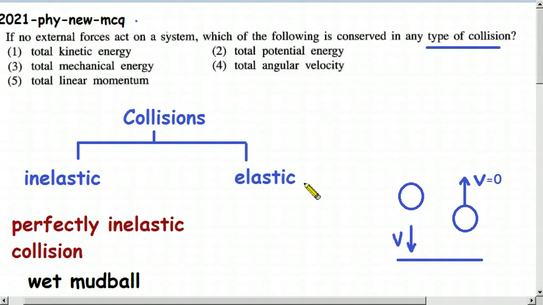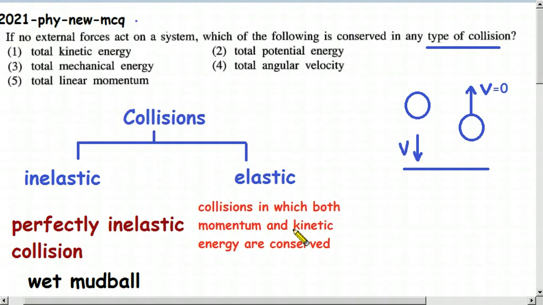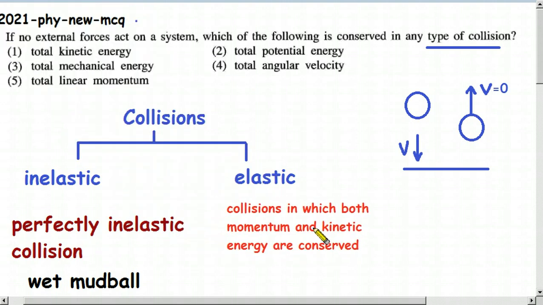And also, an elastic collision is a collision in which not only the kinetic energy is conserved, but both momentum and kinetic energy are conserved. If both momentum and kinetic energy are conserved, that collision is called an elastic collision.